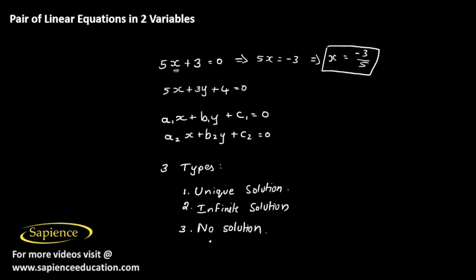These three types can be explained better when we represent them in a graph. So let us draw a Cartesian plane.